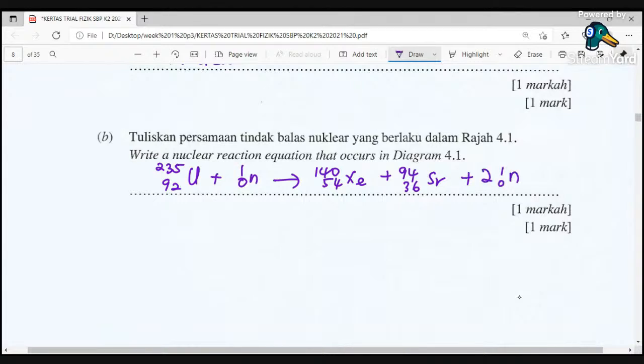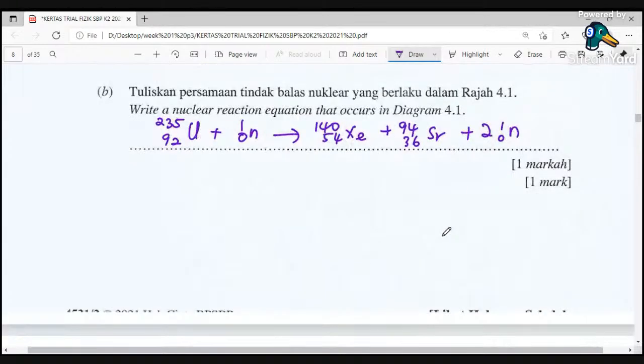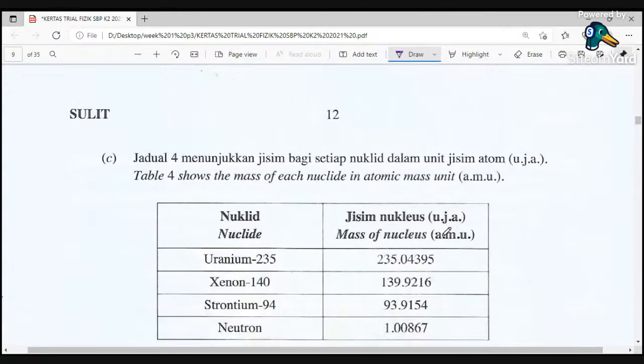You can check that the nucleon numbers on both sides balance with the right side. Just total the nucleon number and the proton number. So this we call the equation for the nuclear fission.